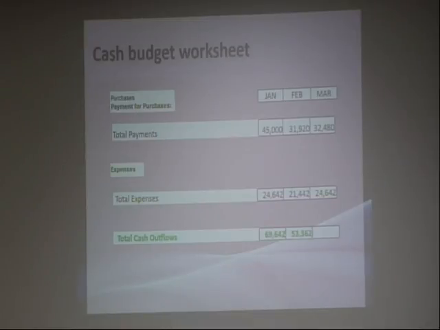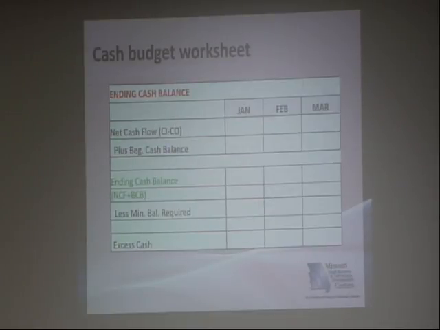February, $53,362, and in March, $57,122. That's cash out, but we've got some cash coming in. And here's the bottom of that. So here we go. Oh, that's ugly, right? Our net cash flow in January is really a negative $13,332.